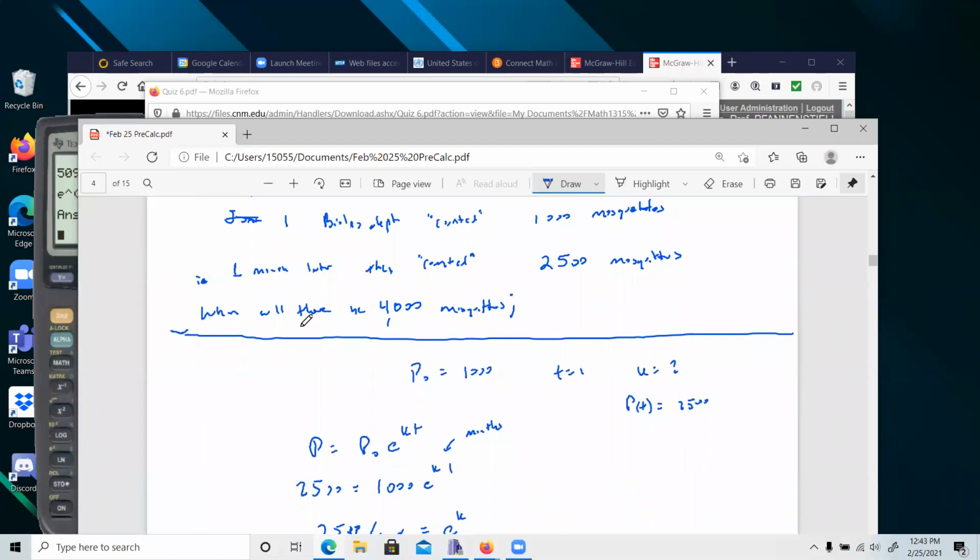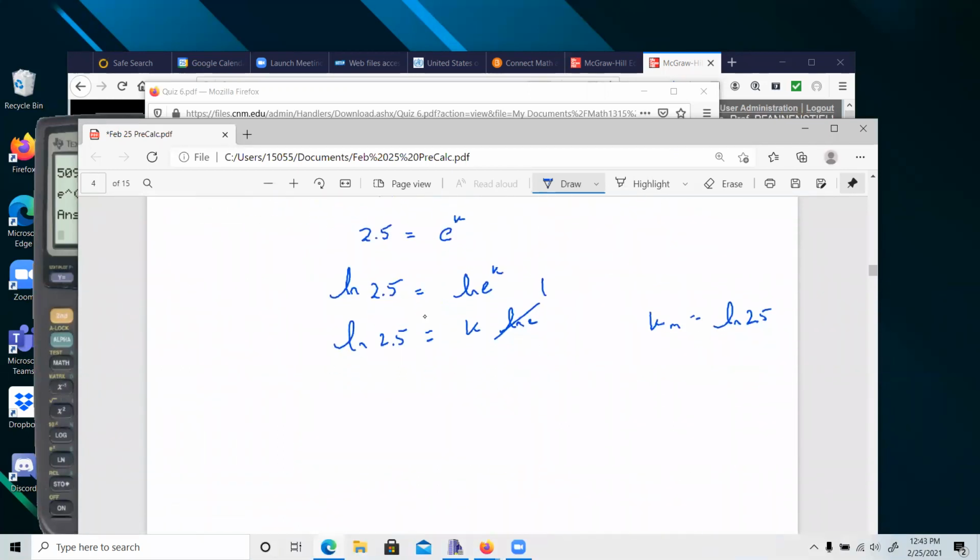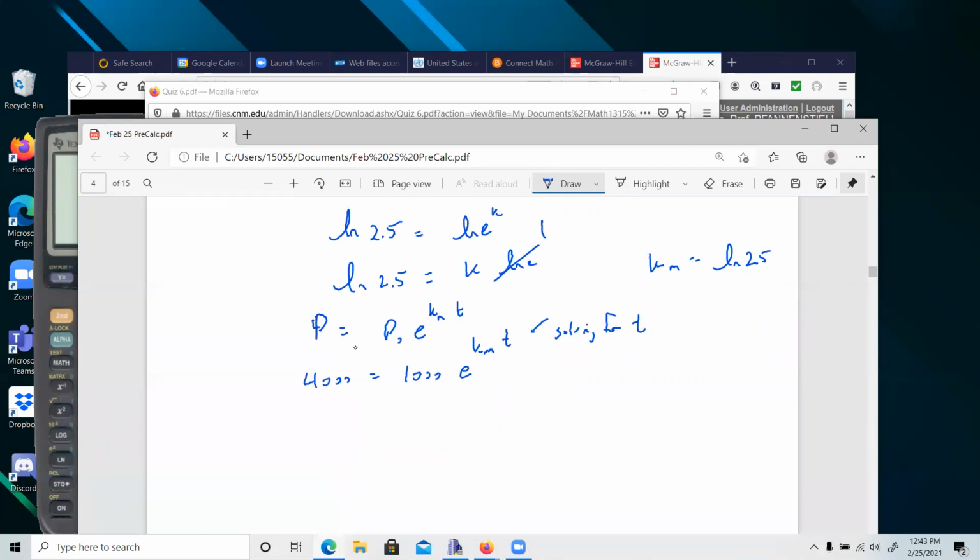Next, how long is it going to take to have 4,000? Well, we have P equals P sub 0 e to the k sub m times T. So we have 4,000 equals, how many do I start with, 1,000, e to the k sub m times T. We're solving for T. Let's go ahead and divide by 1,000.